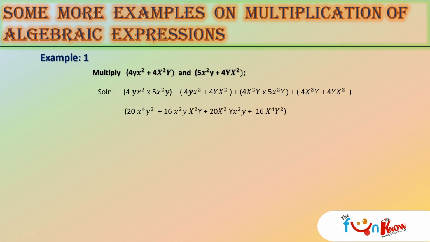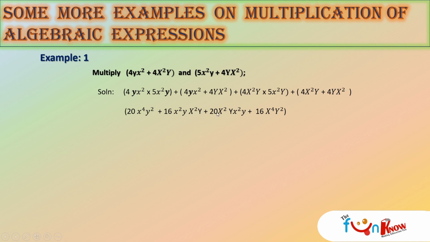After multiplication you will get the answer as 4 into 5, 20, then x, because there is x square, the same base, so you can add 2 plus 2, so x raised to 4, and y same base, 1 plus 1, so 2, y raised to 2. This is how you have to do. Here you will get the answer 16x square y x square, but this is capital X square and y.